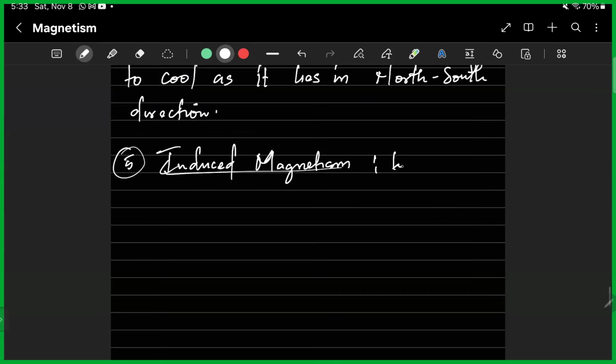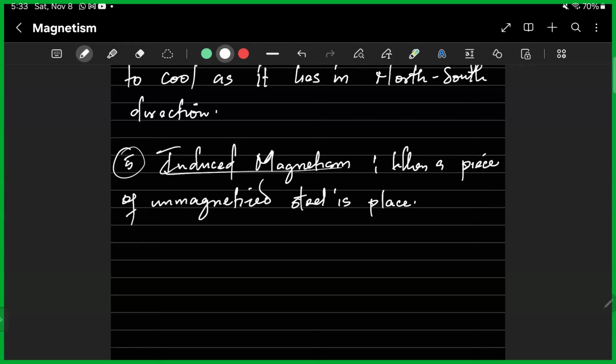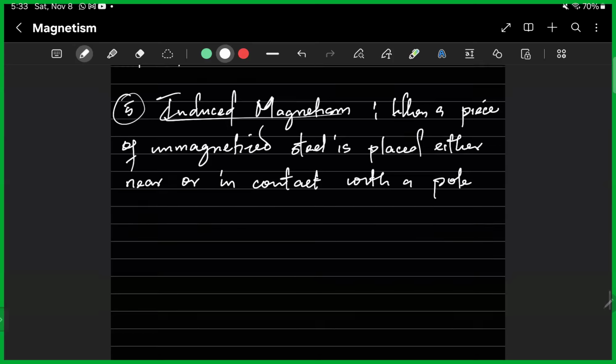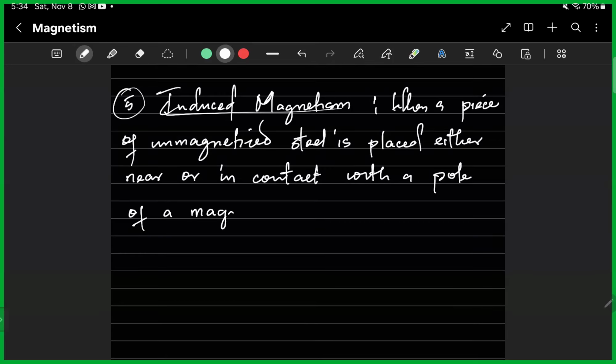What happens here is when a piece of unmagnetized steel is placed either near or in contact with a pole of a magnet and then removed, it will be magnetized. So it's as simple as that.